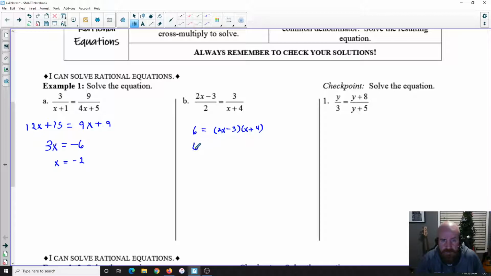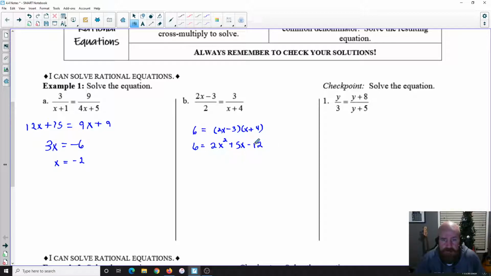We're going to multiply these two binomials together. So we have 2x squared. We're going to have an 8x from 2x times 4 and a negative 3x. So we end up with 5x. And negative 3 times 4 is negative 12.